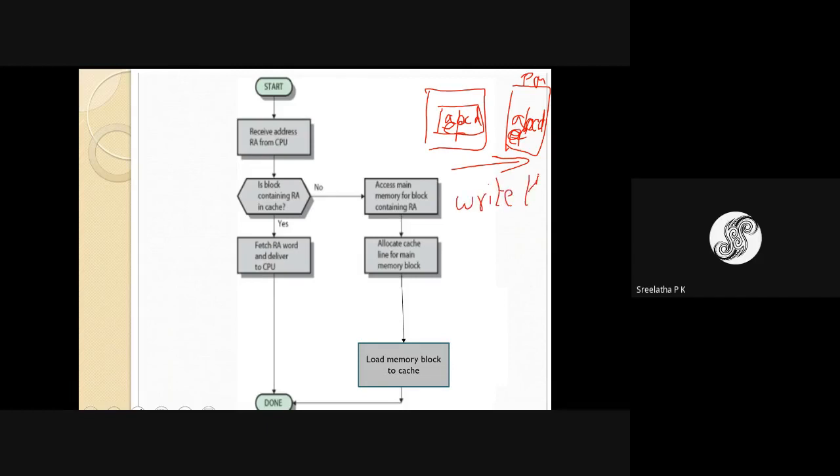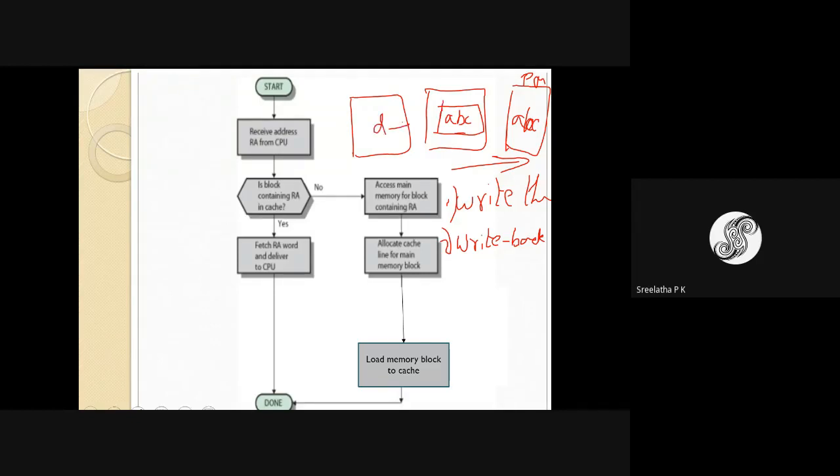One more method is called write back or copy back protocol. So what happens in this is, suppose A, B, C, that particular block is there.